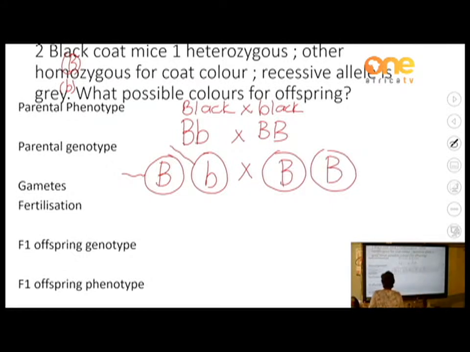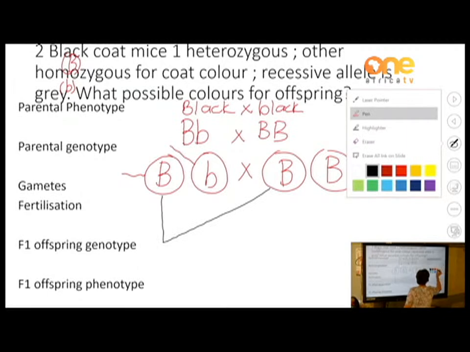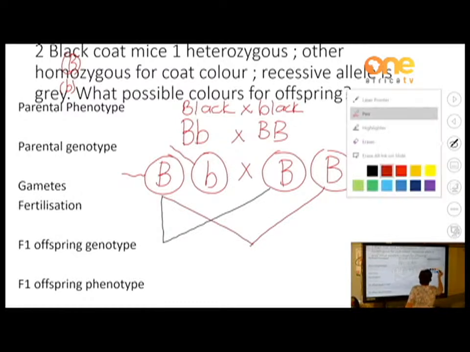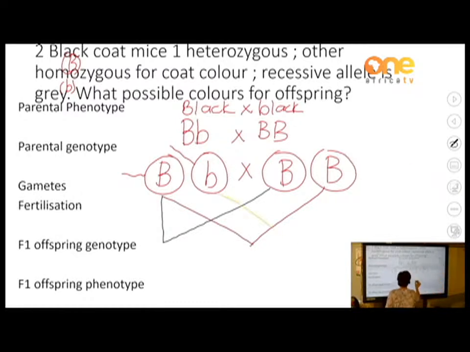Now show fertilization, please. And I am going to use different colors to show fertilization. So, fertilization can happen between, there's a possibility that it can happen between those two, or between those two, or this one and this one, or this one and this one.